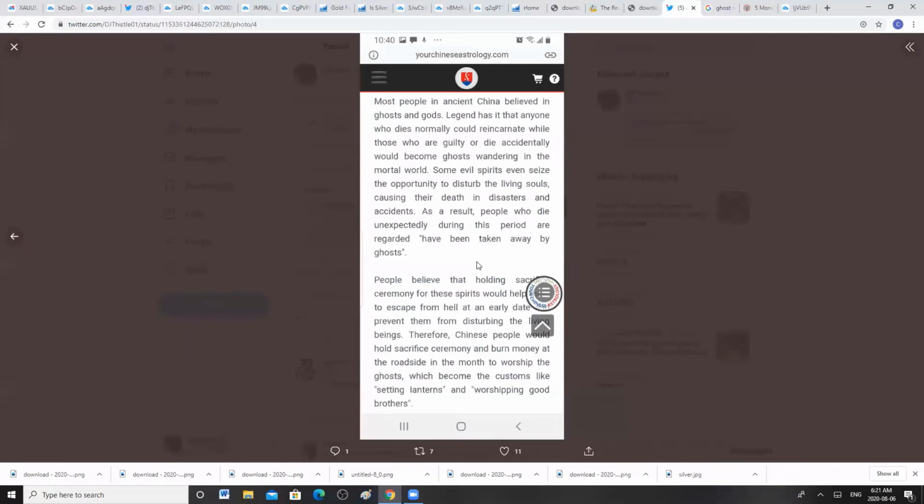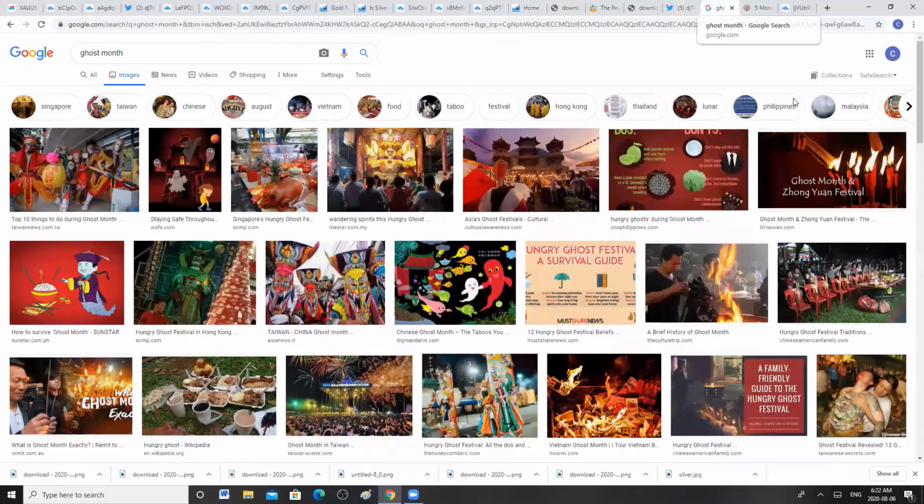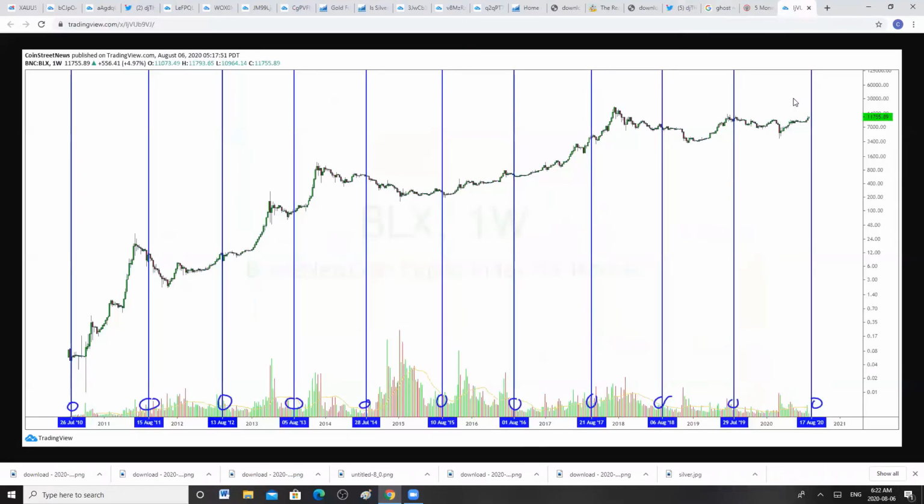Apparently, if you die kind of normally, there's certain things that can happen, and then if you have died through an accident or something tragic, these ghosts may come back and try and trick people or do bad things. So to maybe a very Caucasian Westerner that has no history or understanding of what this tradition is, that's fine. It means nothing to you.